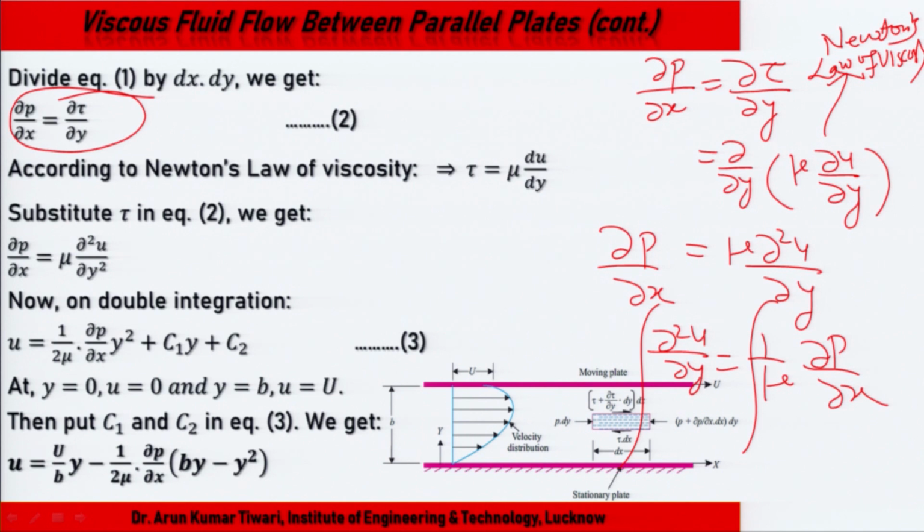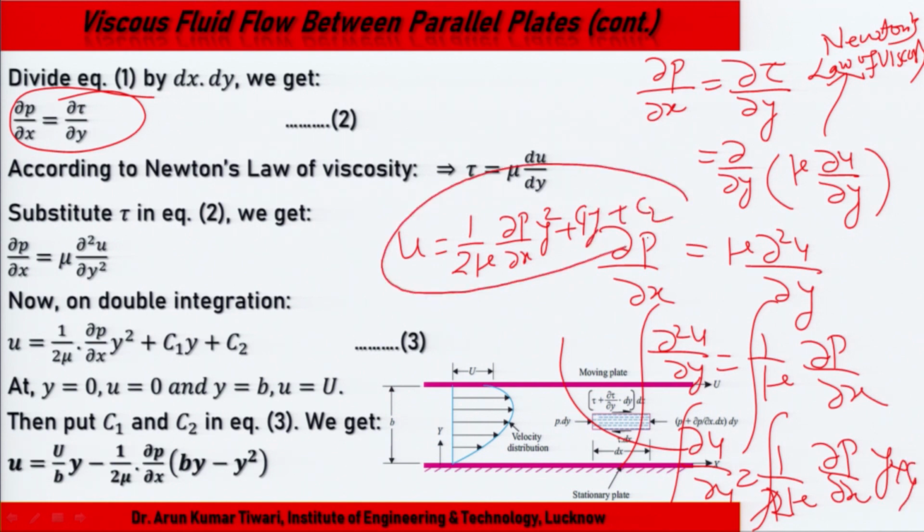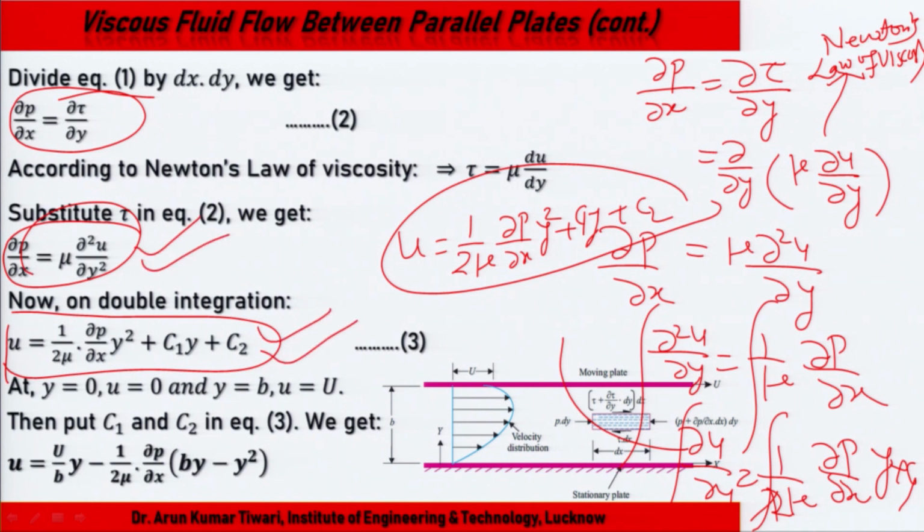First time gives the velocity gradient, del u upon del y equal to 1 upon mu del p upon del x into y, then integrate again. So u becomes 1 upon 2 mu del p upon del x into y square plus C 1 y plus C 2, the constants from the 2 integrations. So, double integration.